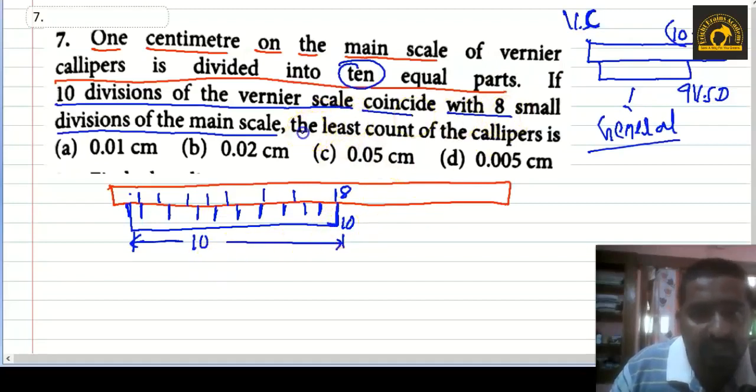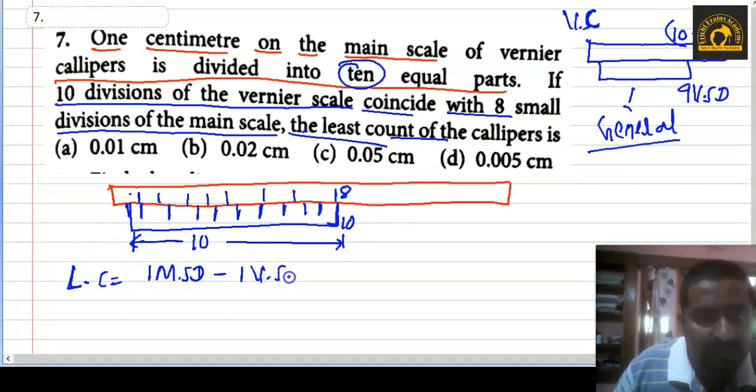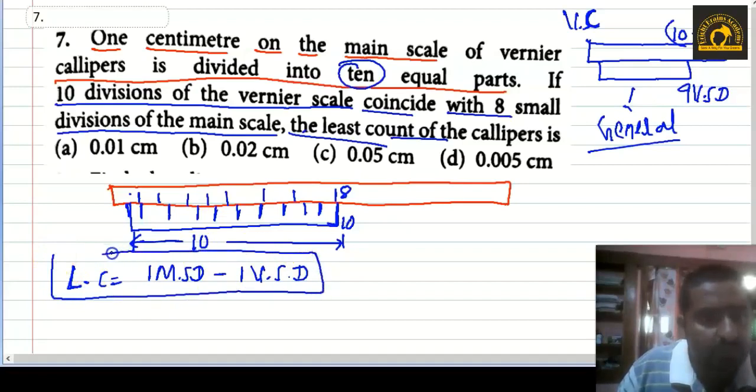So what is the least count of the vernier calipers? We know that the formula for least count is 1 main scale division minus 1 vernier scale division. So now put the values.